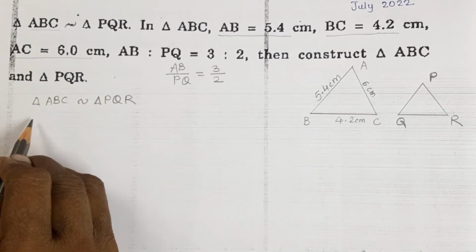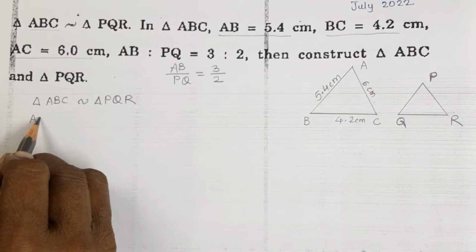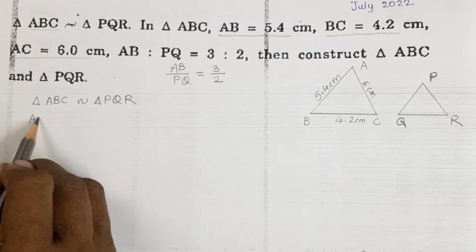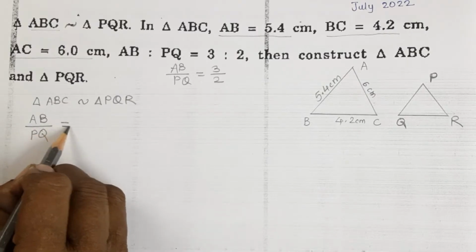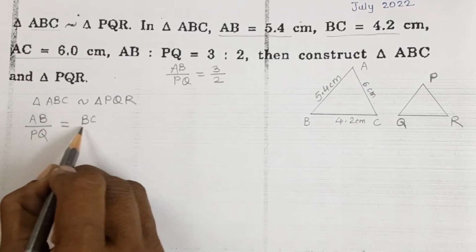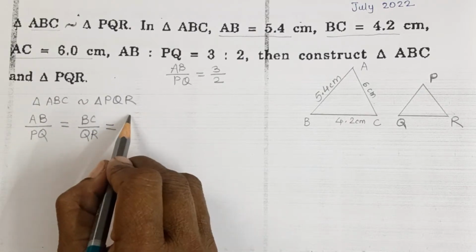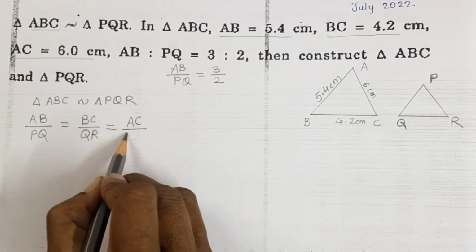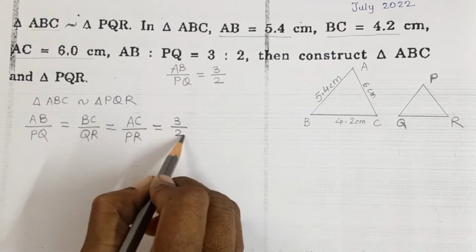So here, students, I write the ratios of corresponding sides are equal. So AB upon PQ is equal to BC upon QR is equal to AC upon PR, which is equal to 3/2.